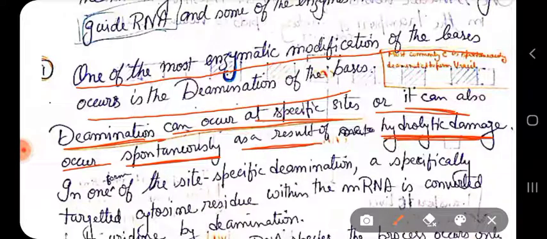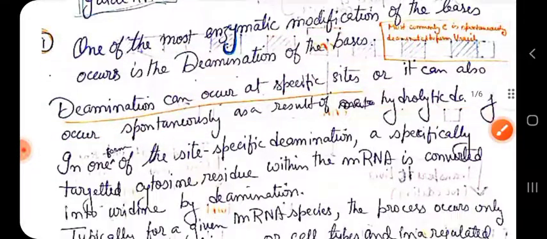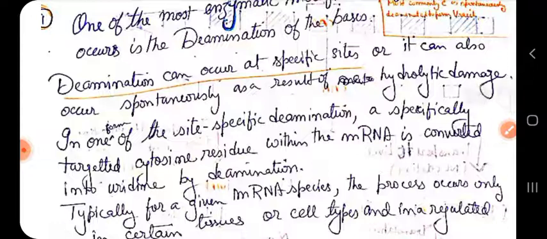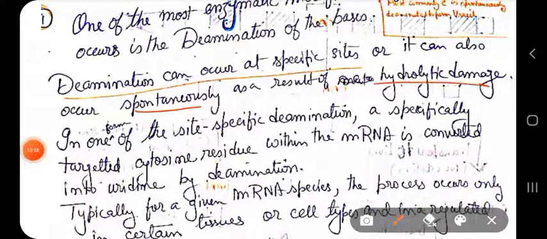So deamination can occur at specific regions within the mRNA, or spontaneously due to hydrolytic damage, as we have seen in the mutation chapter in your genetics. It can also occur randomly where hydrolytic damage to the mRNA has occurred.